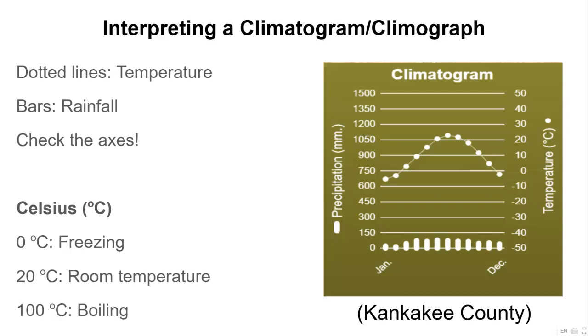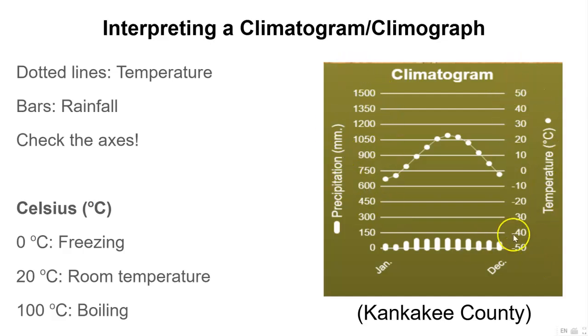This one actually has 3 axes, so let's go through those. On the x-axis, we have 2 notations, January and December. So we know, probably without even counting, that these are going to be the months of the year. This is time, okay? Or seasons, I guess. On this side, we have precipitation. So these are the units of precipitation measured in millimeters.